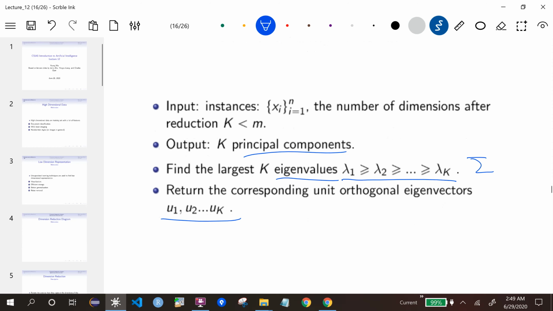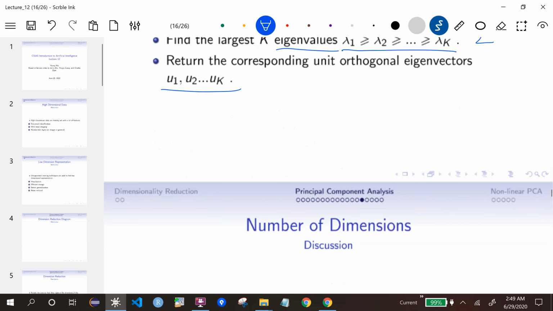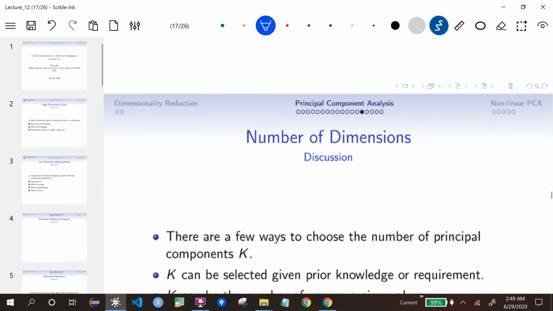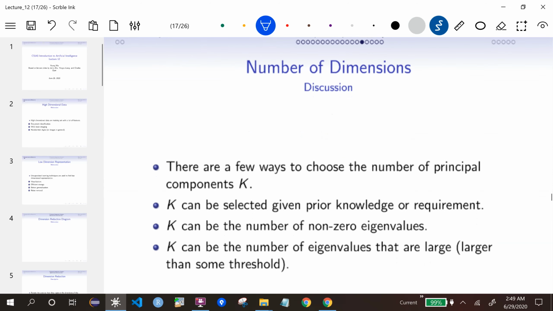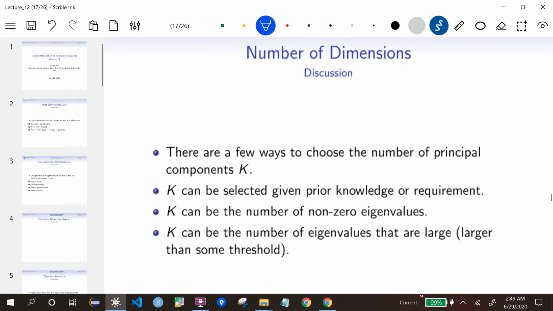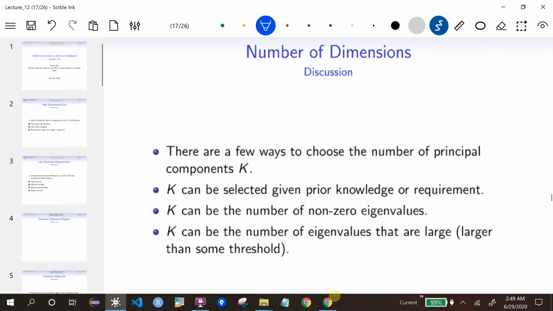Another thing I want to talk about here is how to choose the number of dimensions. It's the same idea as with clustering, how to choose the number of clusters. The first way is always using prior knowledge. If we know how many principal components we want, or there's a requirement, then we can just use that.